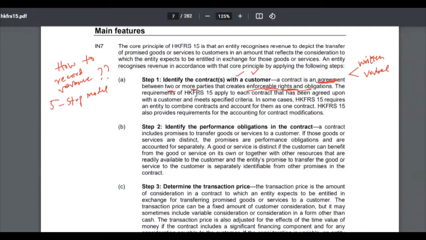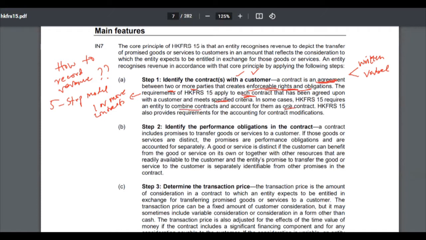The requirements of HKFRS 15 apply to each contract, right? Which basically means there could be one or more contracts that has been agreed upon with a customer and meets specified criteria. In some cases, HKFRS 15 requires an entity to combine contracts and account for them as one contract, right?